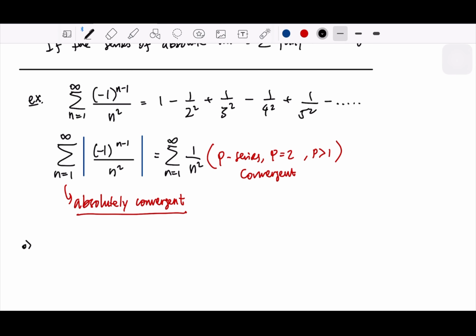The second, like I mentioned before, is conditional.